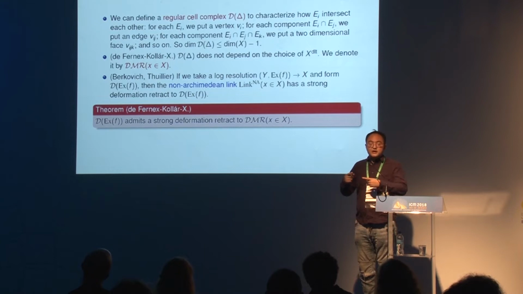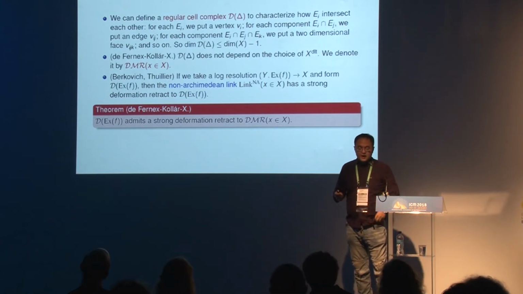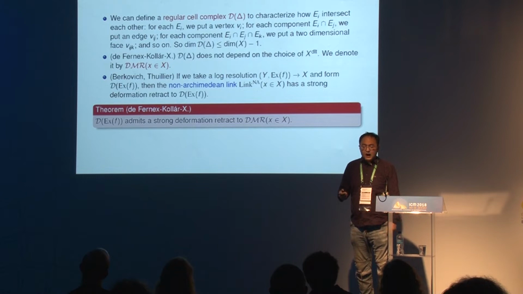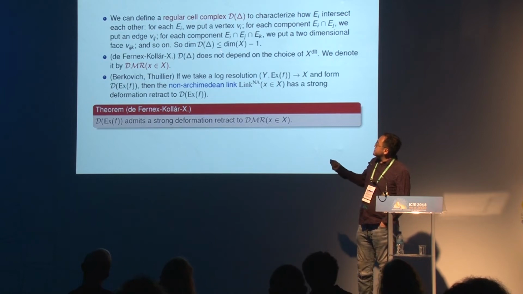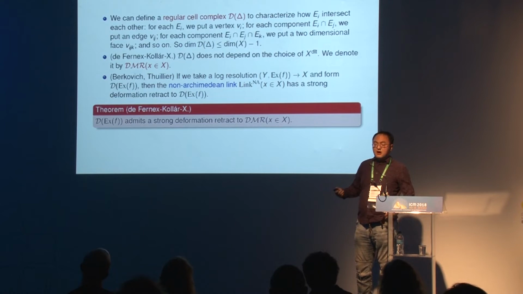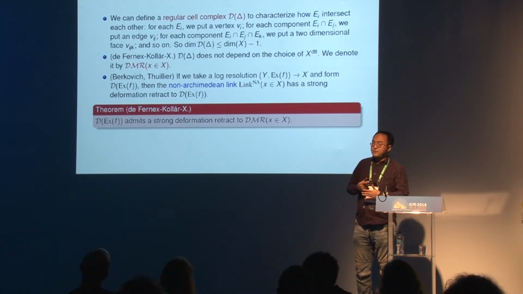And if I have three of them intersecting along some component, then I put a two-dimensional cell corresponding to this component. And I keep doing this until I capture the highest intersection. So it's very easy to see the dimension of this dual complex is at most dim X minus 1, because at most dim X of them can intersect at one point.